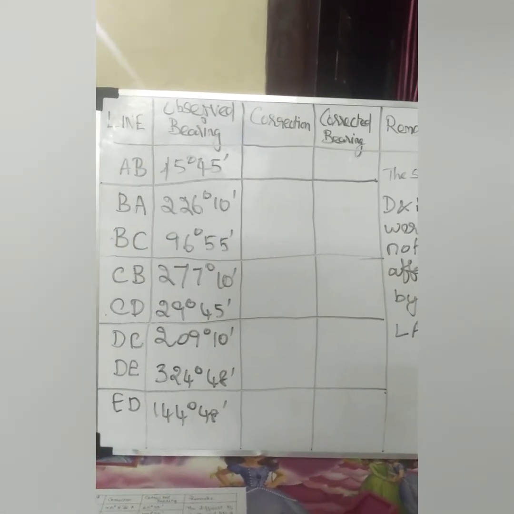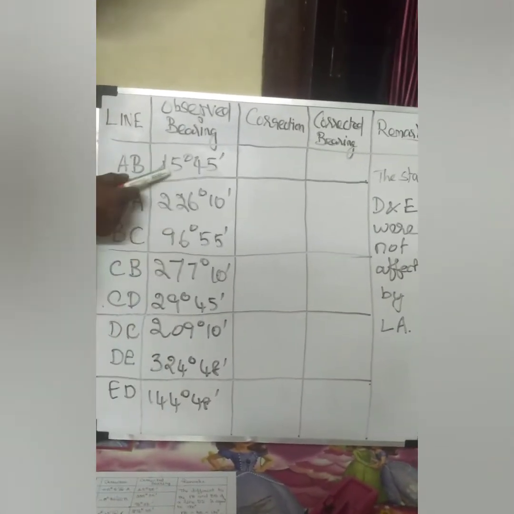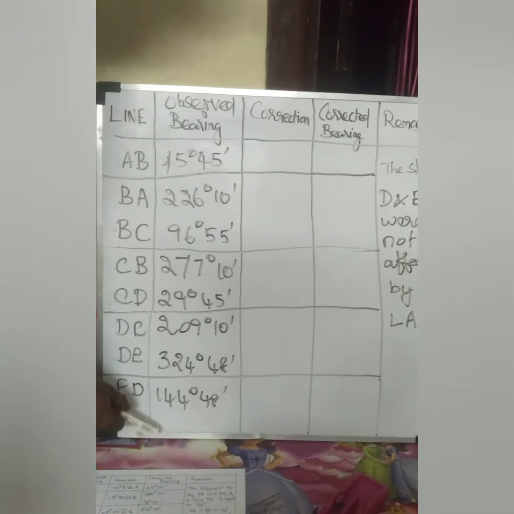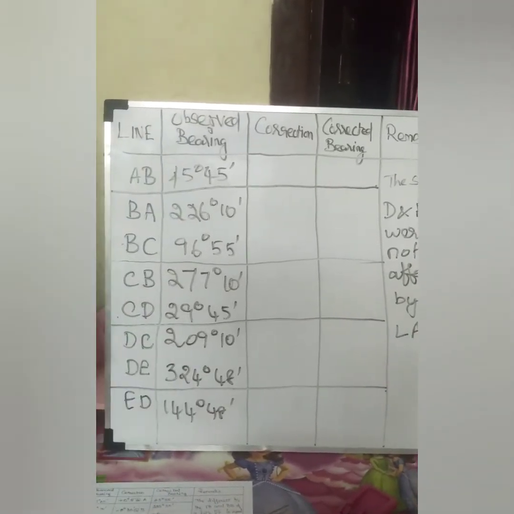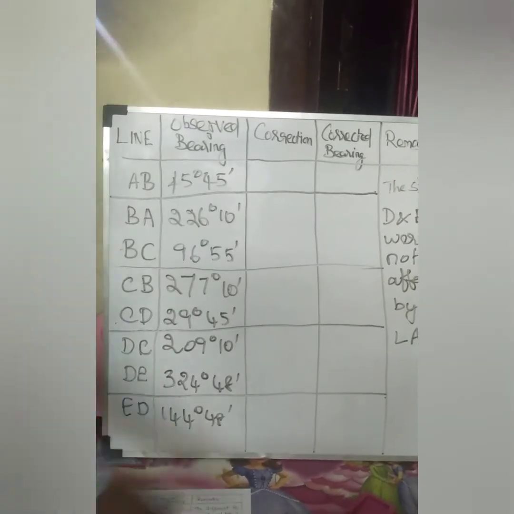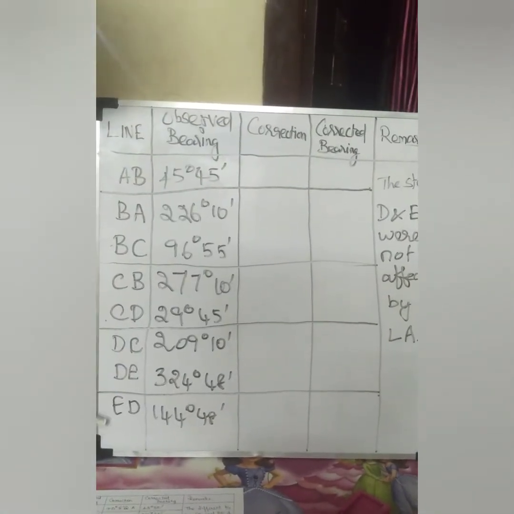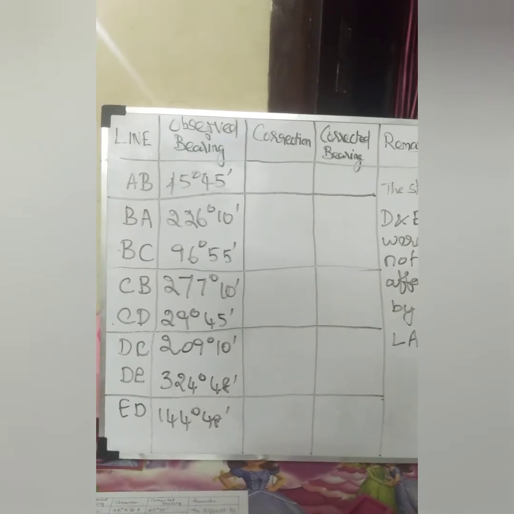Already we know the observed bearings were affected by local attraction. From the given observation, we can conclude that stations D and E, these two stations, are not affected by local attraction.